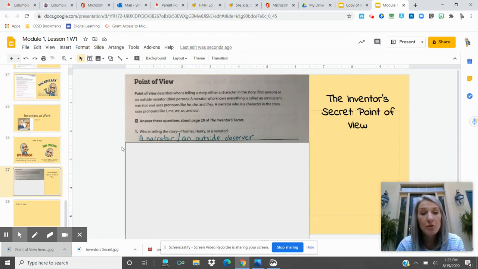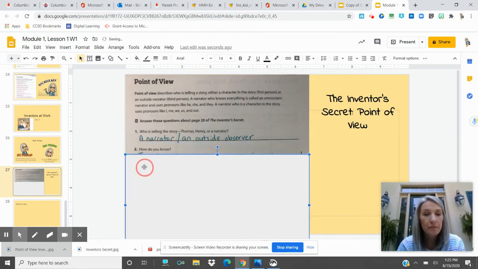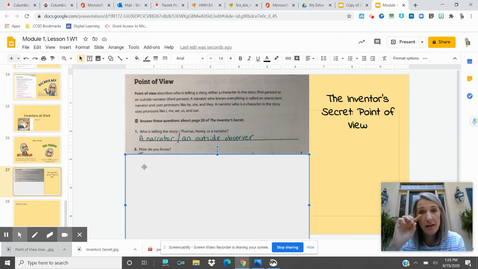I'm going to move on to number two. How do you know? How do we know that that's an outside observer telling the story? Well, there are a couple ways. First of all, Thomas is not telling the story and Henry is not telling the story, and those are the two main characters. The person that's telling the story is an outside observer, so it must be in third person.